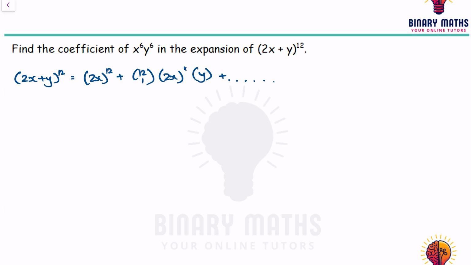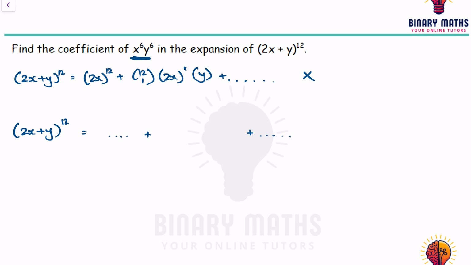So what I need to do is just look at this term. I need to find how I can make x to the power of 6 and y to the power of 6. We have a lot of terms at the start and a lot of terms at the end, but we don't care about them.